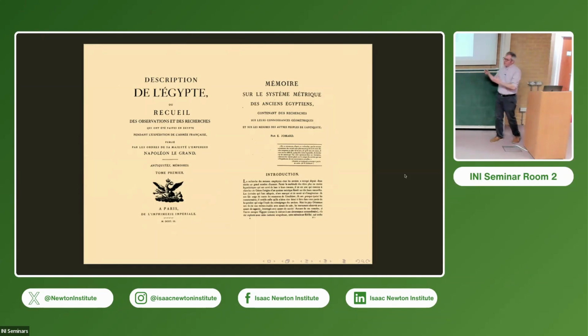Things look slightly more promising a few decades on when we get to the monumental Description of Egypt, the multi-volume publication that comes out of Napoleon's forays into North Africa. And in there we find an article on Egyptian systems of measure by Edmé Jomard, who was an engineer who went to Egypt. And it's quite substantial. I think it's a couple of hundred pages long. And so you think, okay, somebody has gained some knowledge of ancient Egyptian mathematics and systems of measure.